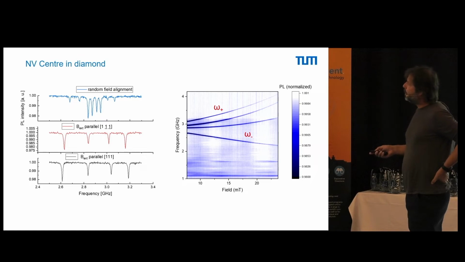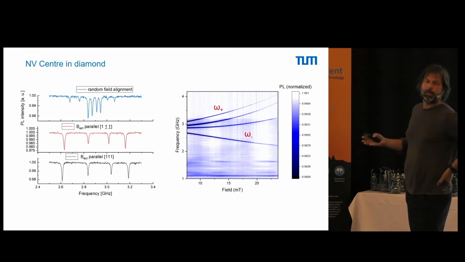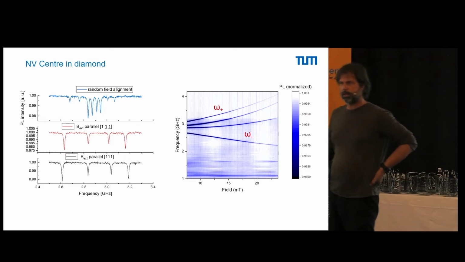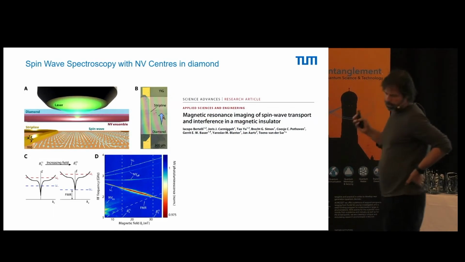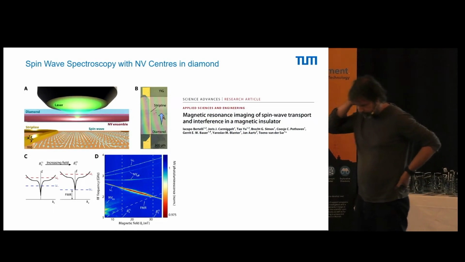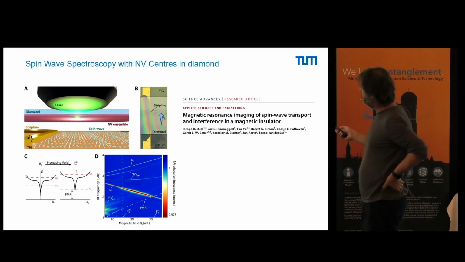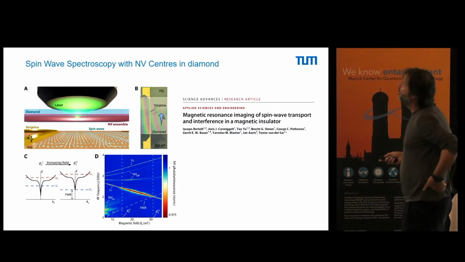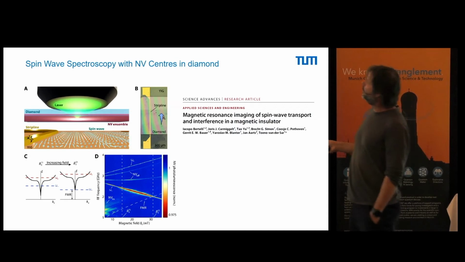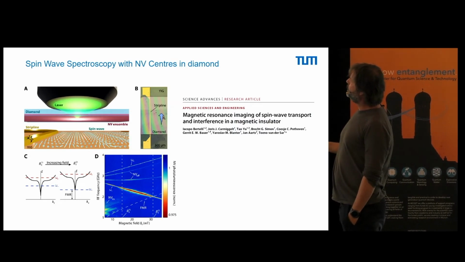And now we should also imagine that if we put this on a magnetic field, we would have somewhere down here the dispersion relation of our ferromagnetic resonance. And this has actually been pioneered, I guess, in Jacobi's group, and has been continued by others. I take this paper from Van der Sar's group. They do exactly this. So you have here your magnetic material, a strip line that excites spin waves.